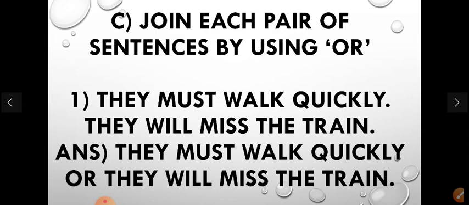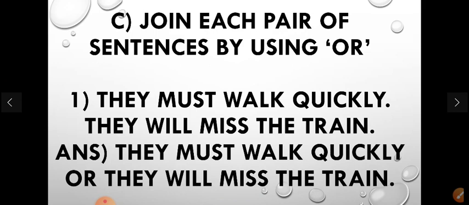The first sentence is, they must walk quickly. They will miss the train. Here is the choice: if you do not walk quickly, you will miss the train. The answer should be written in your notebook in neat and clean handwriting and with a sharp pencil.